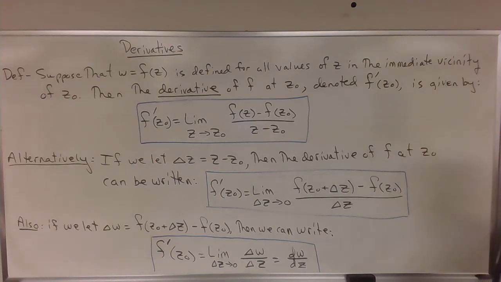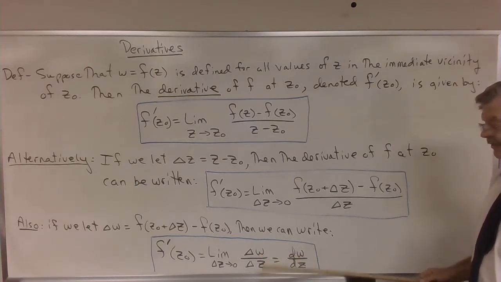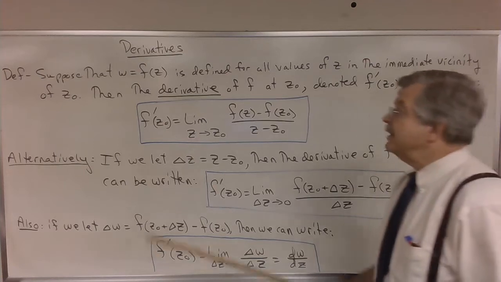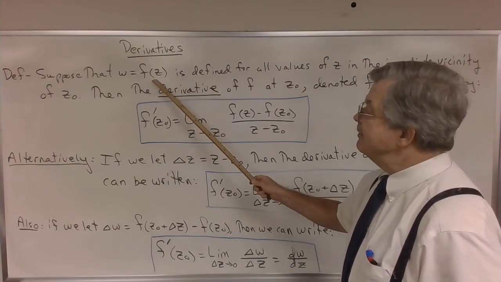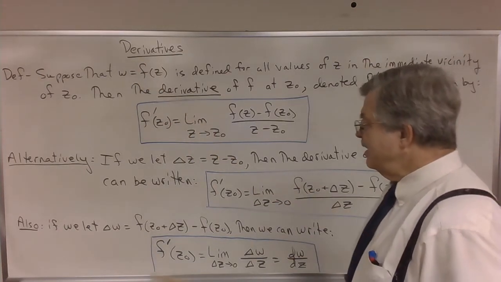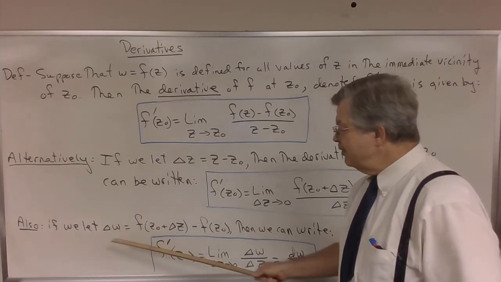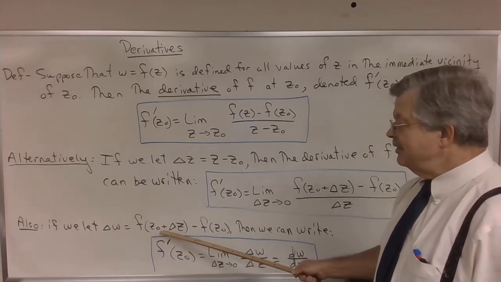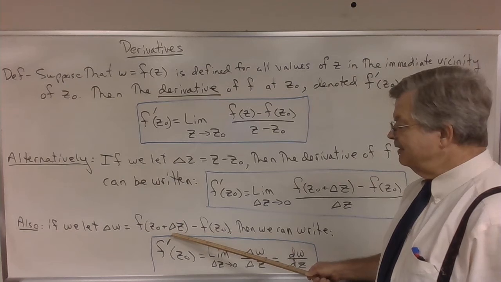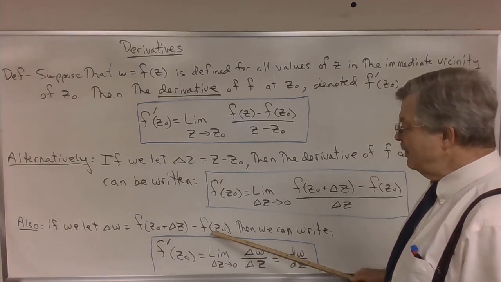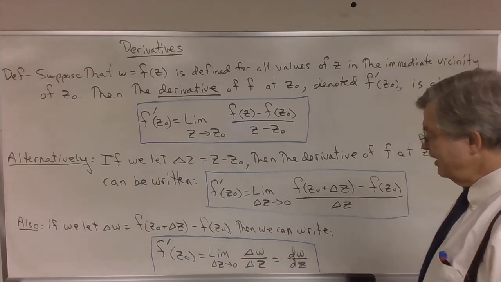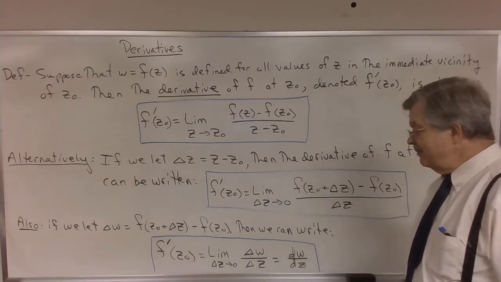Now we can write this in dy dx notation, or in this case, dw dz. Remember that w and f of z are the same thing. So if we let delta w be y2, which is f of z naught plus delta z, minus y1, f of z naught, then the derivative can be written this way.